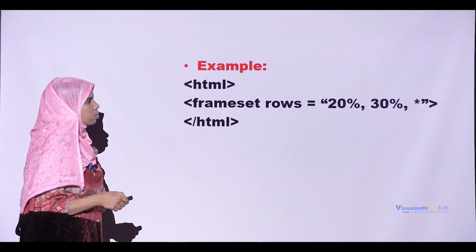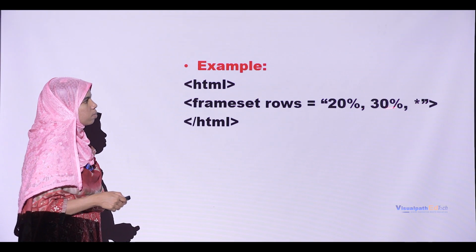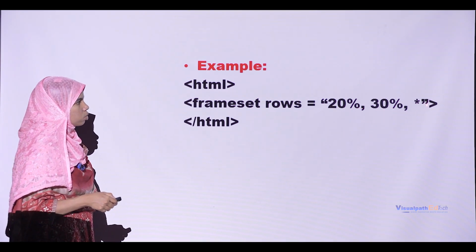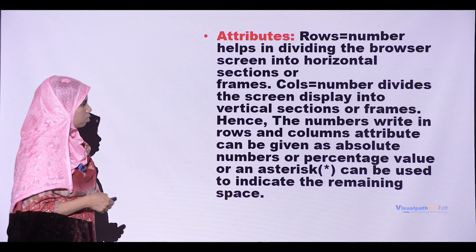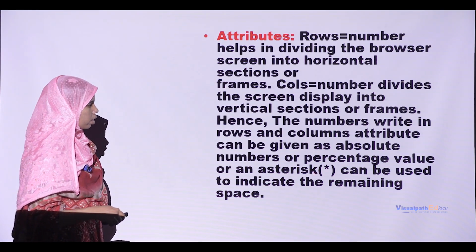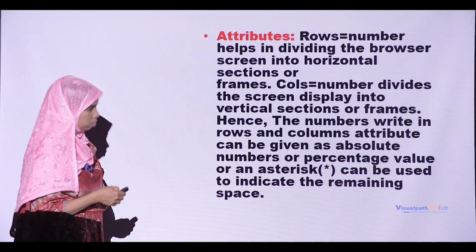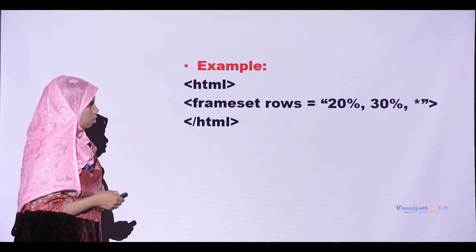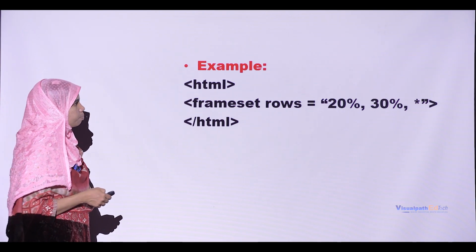Okay, and the rest will be whatever the remaining part is. 20 plus 30 is 50, and the rest of it will be available for the user for the remaining part. You can see here, the remaining space is defined with the asterisk. Rows and columns will be defined as the first two numbers, and these are the row and column definitions, followed by the remaining space.